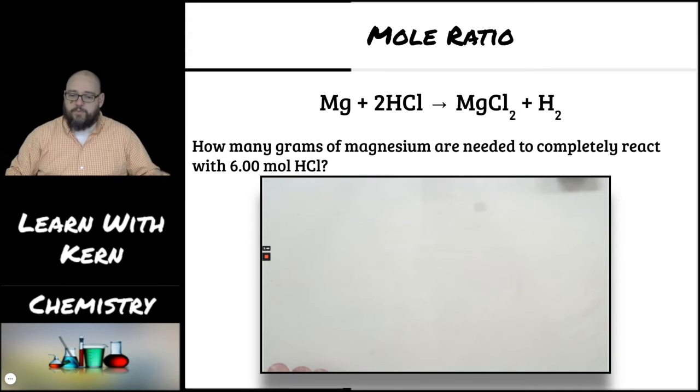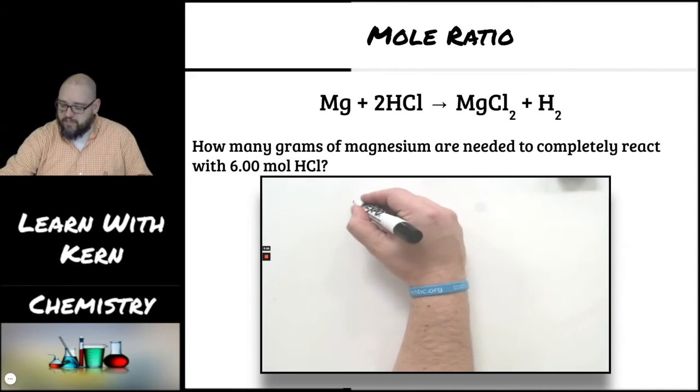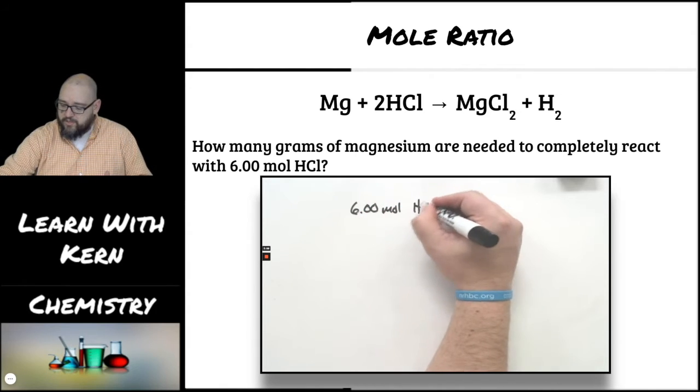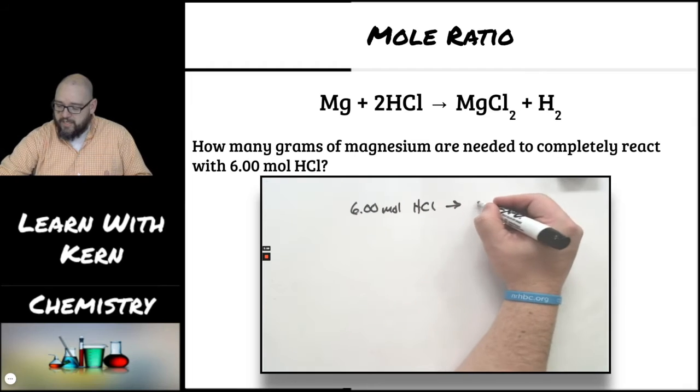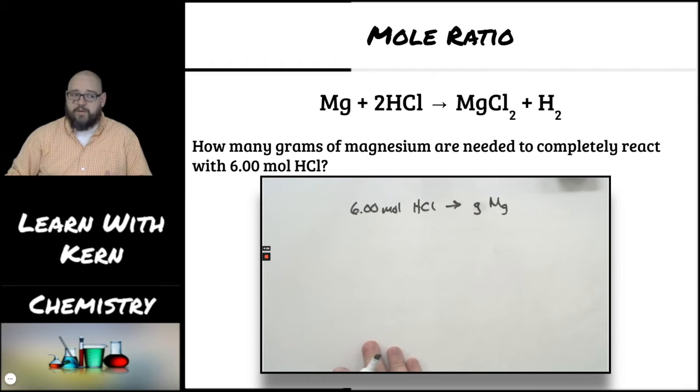Our next example: how many grams of magnesium are needed to completely react with 6.00 moles of HCl? So in this one, I'm given 6.00 moles of HCl, and I want to find how many grams of magnesium are going to be required.